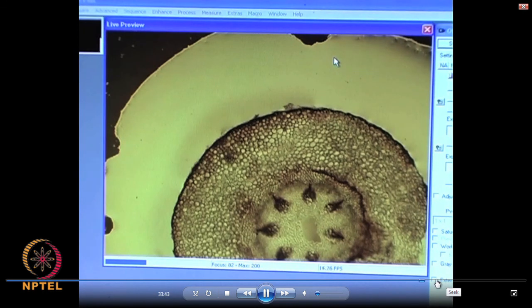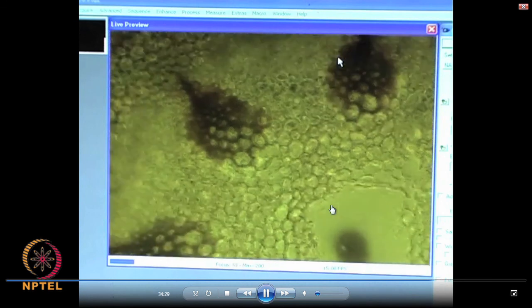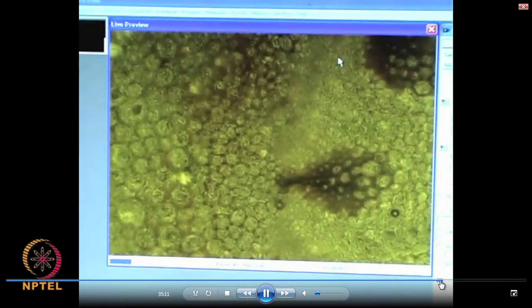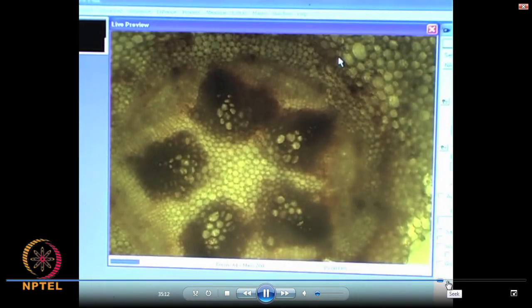So, quickly let us look at the other details at high magnification. You can see that very nicely it is revealed, and this is another sample of the same stem.